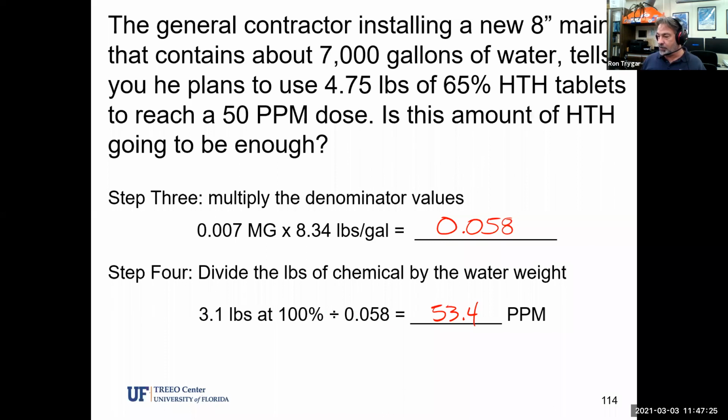All right, so it looks like if we back calculate and come up with these numbers, the contractor would be using enough chemical. The 4.7 pounds of 65% would give us at least a 50 part per million dose. We have 53.4 showing here.